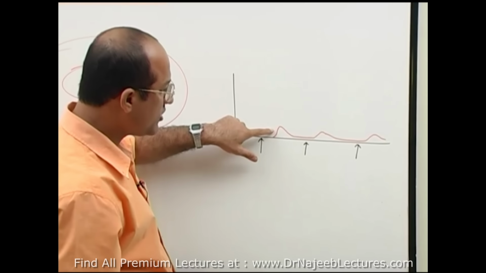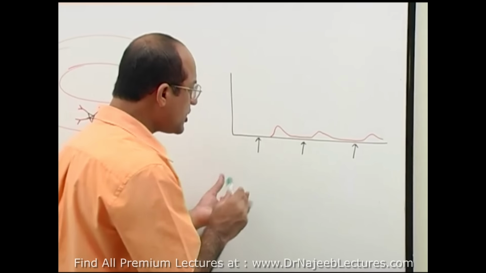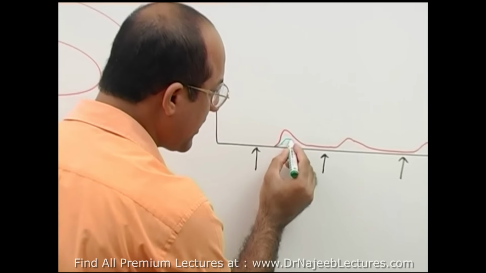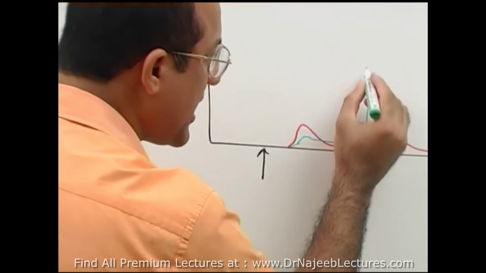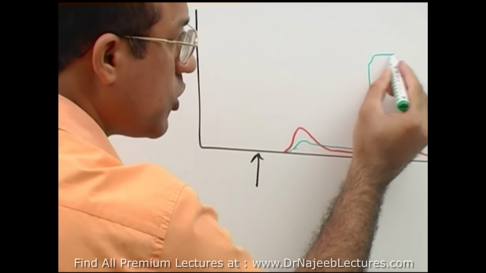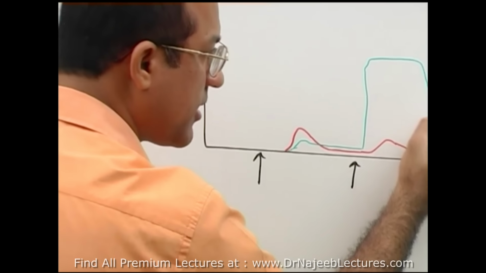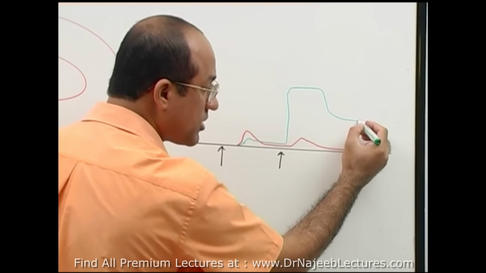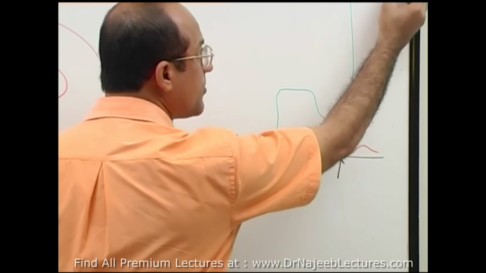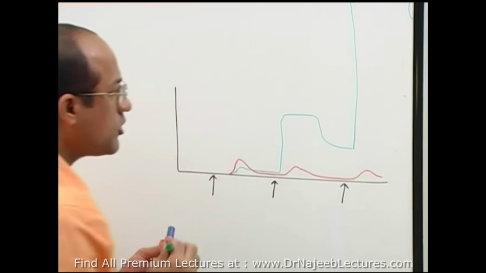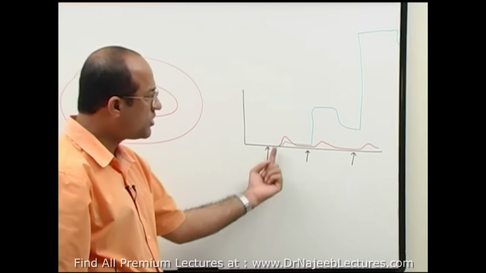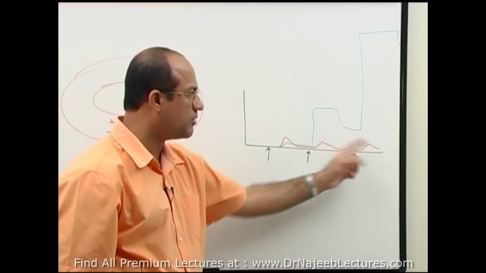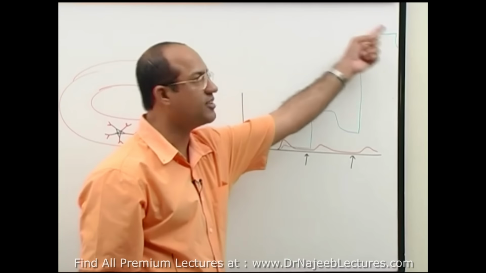Initially this is the first response, but the IgG response is very little in the beginning. The second time it goes up very rapidly, reaches a peak, stays for a long time, and comes down, but not so much. And then on the next dose, the third dose, it goes very high and stays high for very long. So actually, we say with repeated antigen exposure, IgM is not boosted, but IgG is boosted.